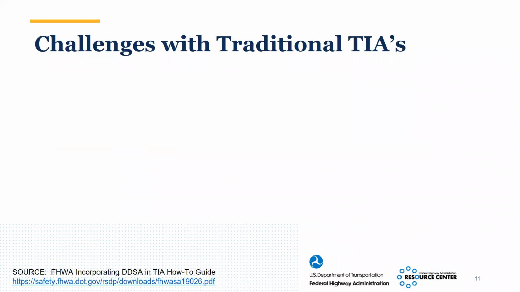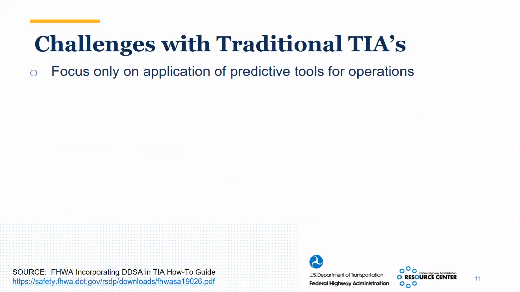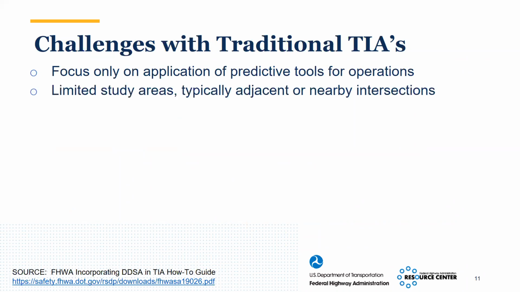So this means we have some challenges with the traditional approach. We're typically only focusing on predictive tools being employed for operations, but now for the past 10 years, we've effectively had them for safety. The study areas for these documents are limited and typically only are looking at nearby or adjacent intersections, and rarely do you ever see a traffic impact study talk about off-peak performance later at night, earlier in the morning, in the midday.